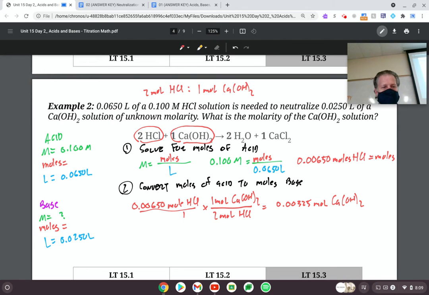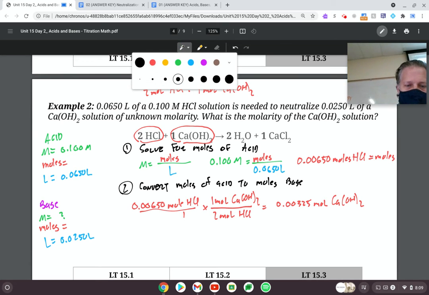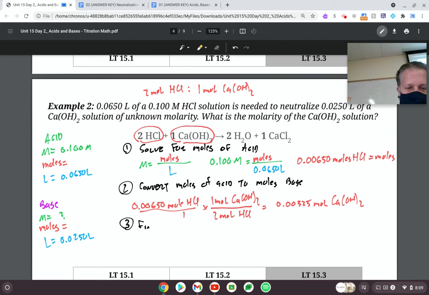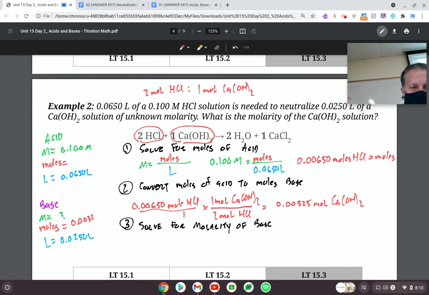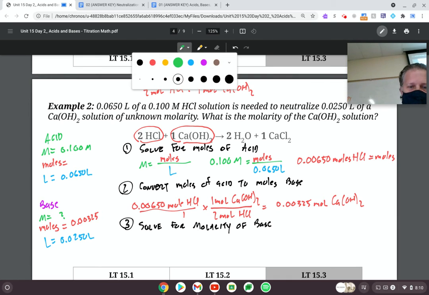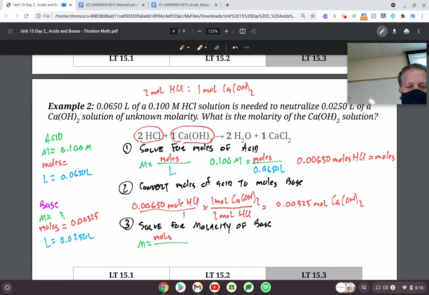And then number 3, in this case, is solve for molarity of base. So I now know the number of moles is 0.00325, and I know my molarity formula is molarity is equal to moles over liters, and we're solving for the molarity this time.